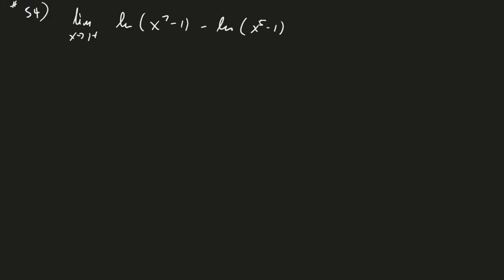Good. All right, so taking a look at this, if we're approaching 1 from the right, that means each of these logs is going to the log of 1 minus 1, which is 0. And so that is minus infinity minus minus infinity. Okay, so minus infinity plus infinity is our indeterminate form.